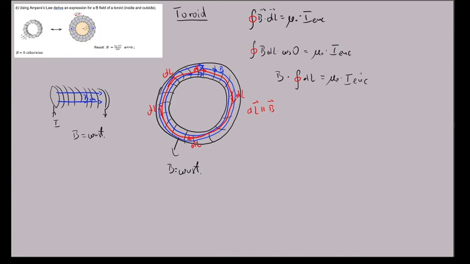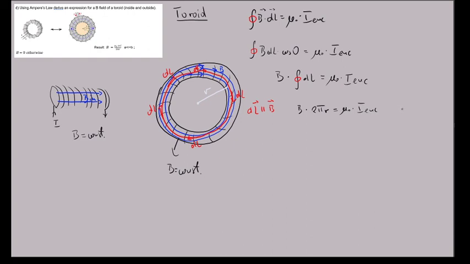All right, the integral over dl is just going to give me the length of the loop. So here's the center of the toroid, and here's little r, the distance from the center to my loop. And so this becomes B times 2 pi r equals mu naught times I enclosed.